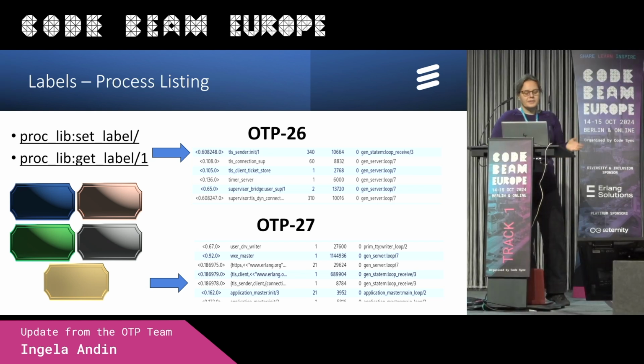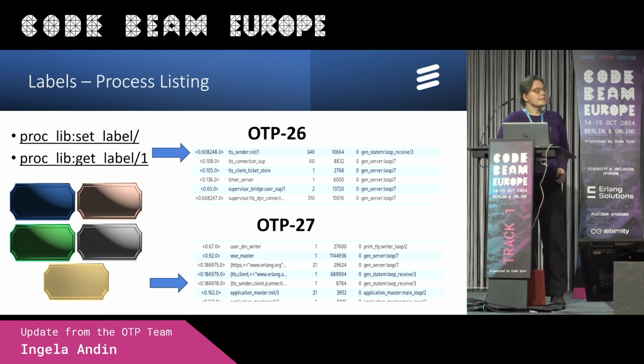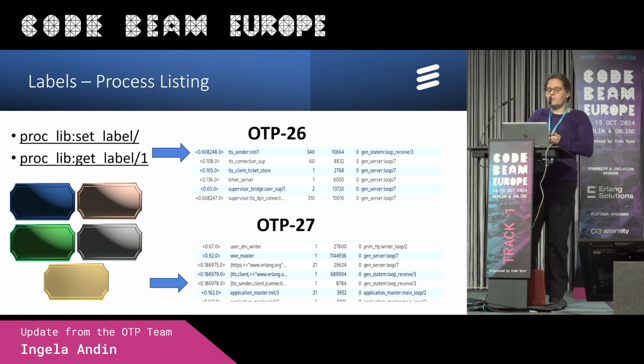And in OTP 27, we are now using these labels. You can see that the TLS sender process is actually a client process. If you look at the line above, you will see that this TLS process is connected to www.erlang.org.